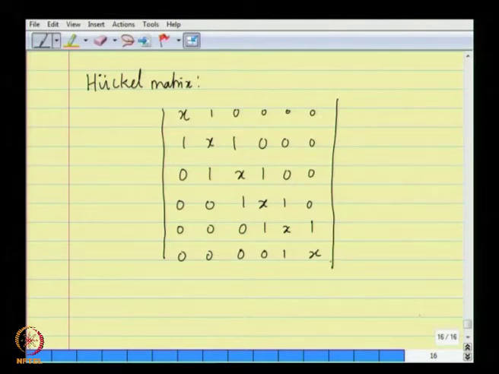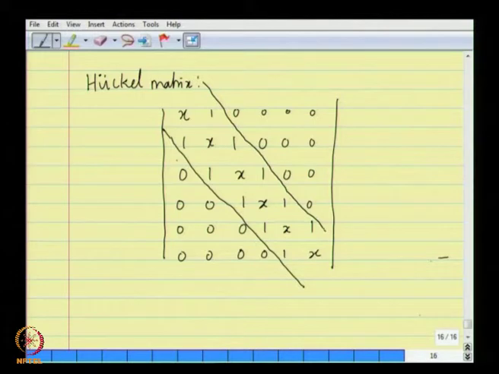Okay. All these matrices are tridiagonal. Let me see if I can draw that line. You can see that one off diagonal here and one off diagonal here. Okay. Tridiagonal matrices. Eigenvalues can be easily obtained.